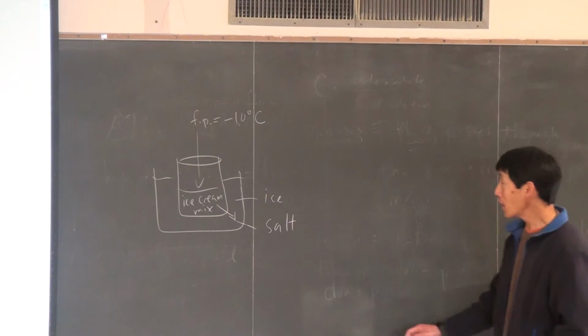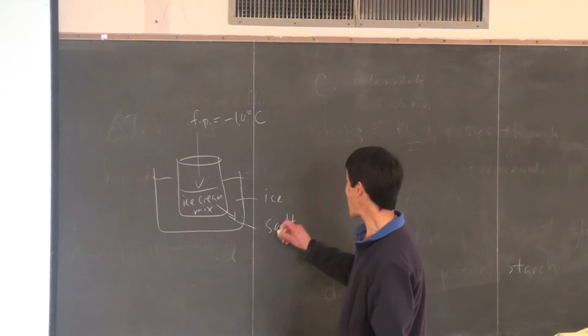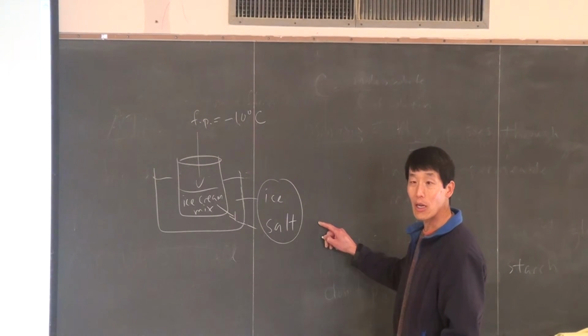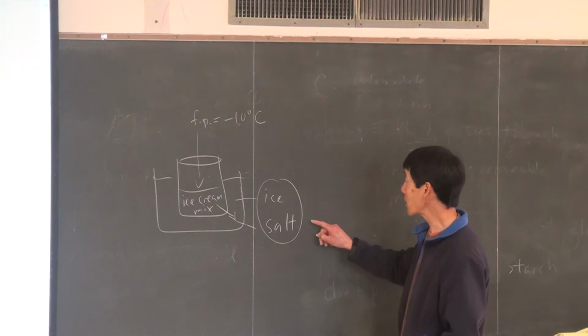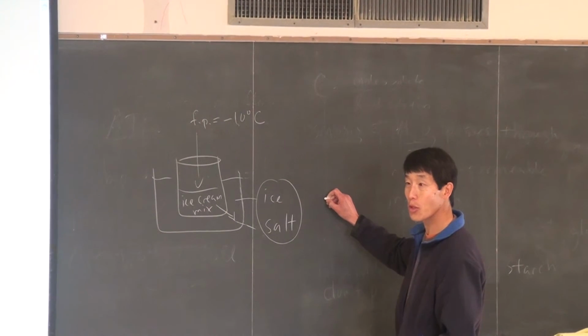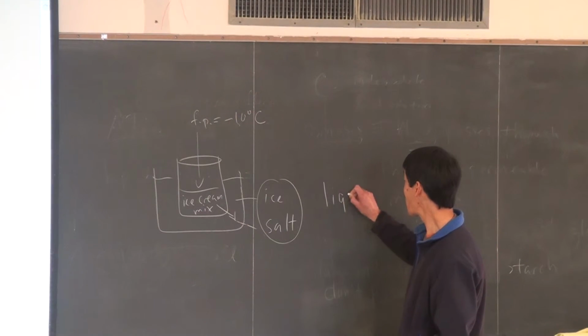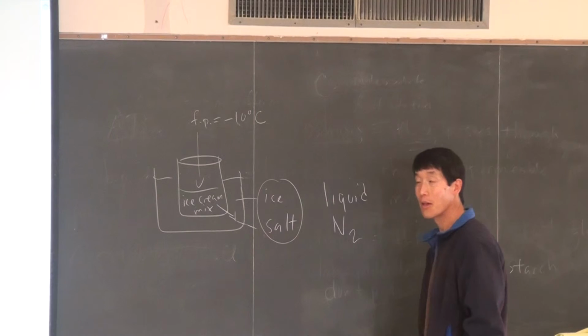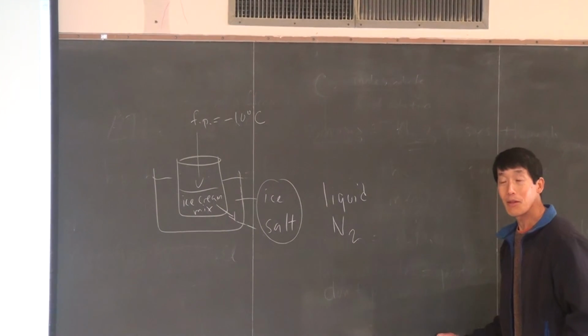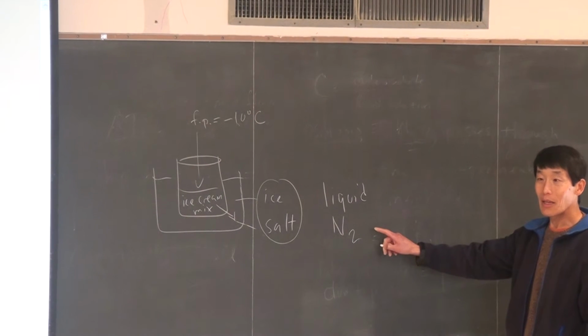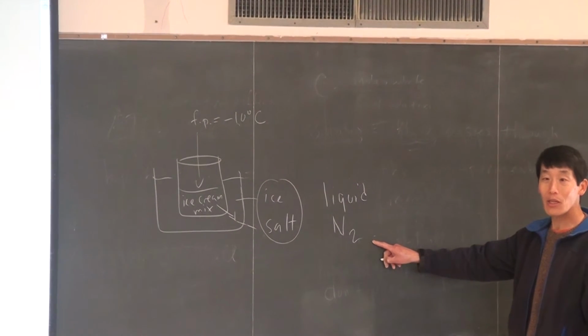Yeah, so another way, rather than using this ice salt mixture, which you may have seen in magazines or online, is instead to use liquid nitrogen. Does anyone know what the boiling point of liquid nitrogen is?